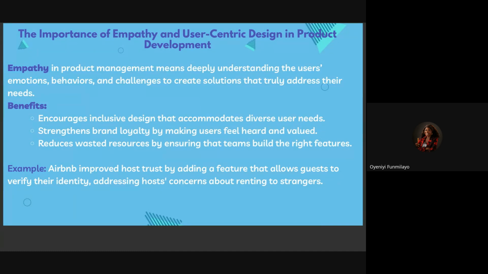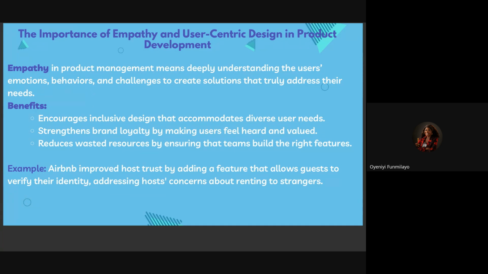So what are the benefits of being empathetic as a product manager in creating a user-centric product? Some of the benefits: it encourages inclusive designs that accommodate diverse users' needs. It strengthens brand loyalty by making users feel heard and valued.